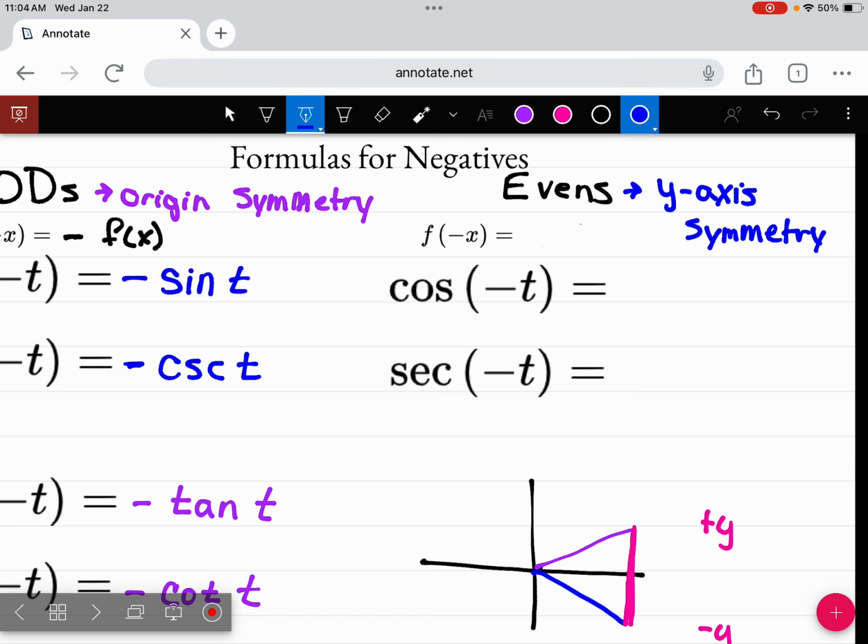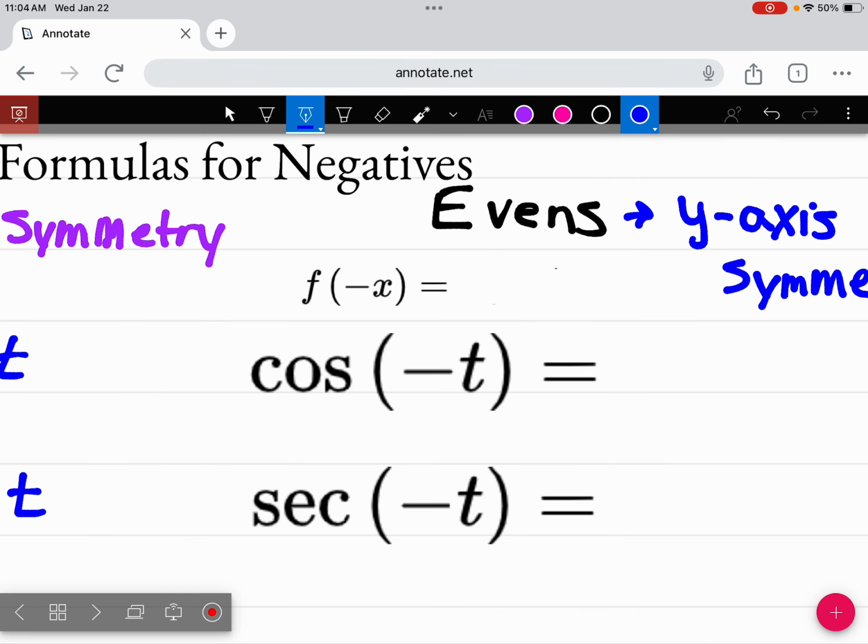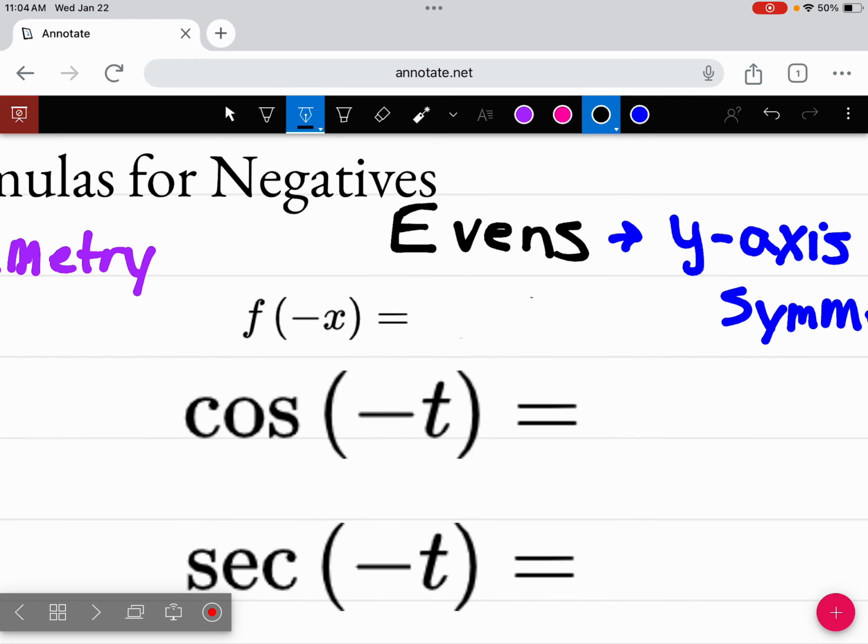And what that is, is that our negatives really don't have much of an impact. So our f of minus x is going to be the exact same thing as f of x. So cosine, if we have a negative angle, cosine of minus t is going to be the exact same thing as cosine of t.